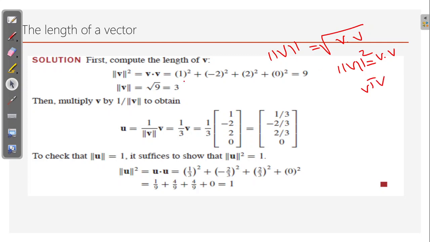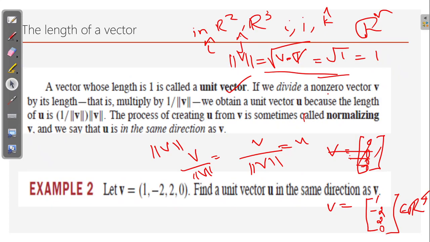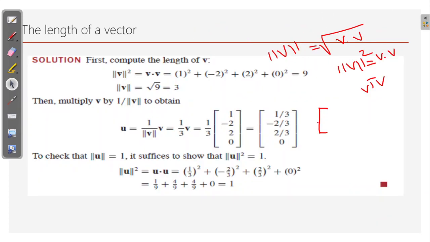So v transpose is (1, -2, 2, 0) into the column (1, -2, 2, 0). Multiply the row and column elements and sum, and we get 9. Norm v squared is 9, so the length is root 9, that's equal to 3.